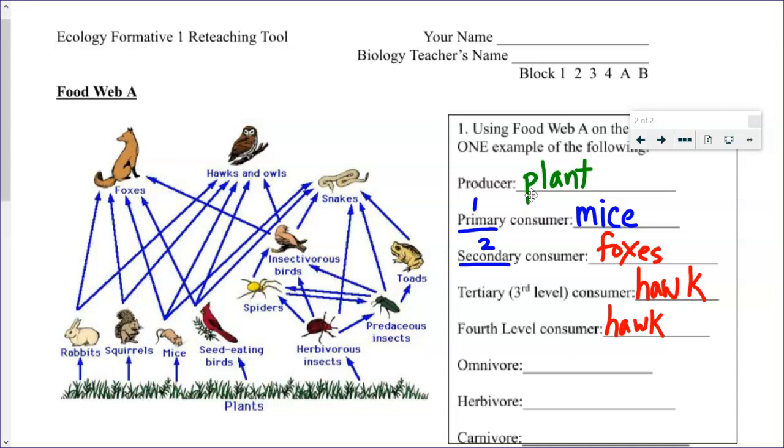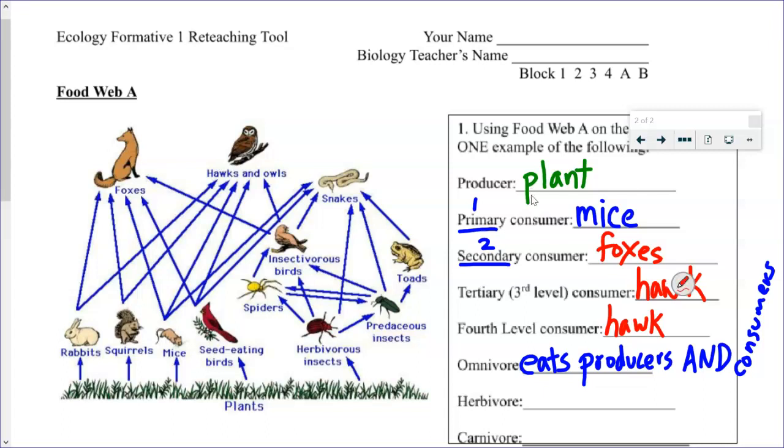And now that I'm looking at this, there is no example of an omnivore on this food web, and that's okay. Let's put on the omnivore definition. It has to be something that eats producers and consumers. Or you can say it eats plants and meat, and that's good for me.